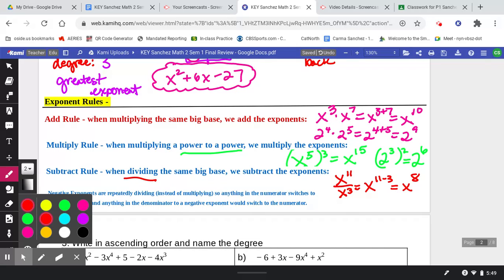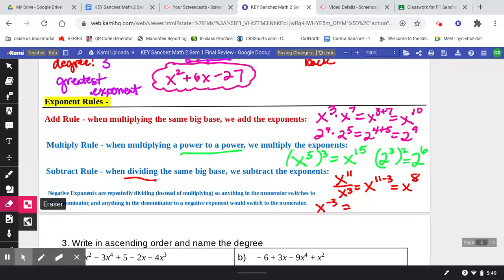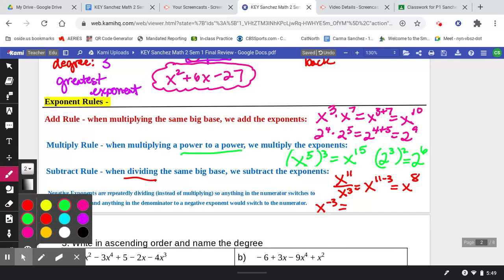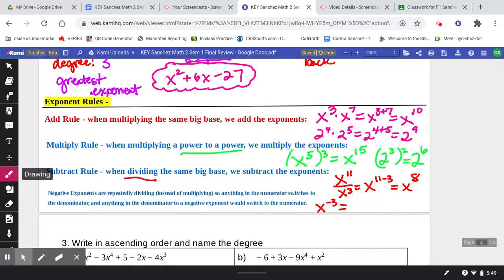Now, negative exponents. Recall that if you have something like x to the negative 3, it becomes 1 over x to the third power. So anything with a negative exponent is going to move locations. If it starts in the numerator, it's going to go to the denominator with a 1 on top. If it starts in the denominator, it's going to move to the numerator with a 1 on the bottom technically, or nothing on the bottom.